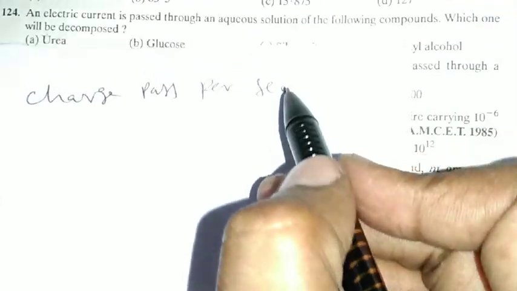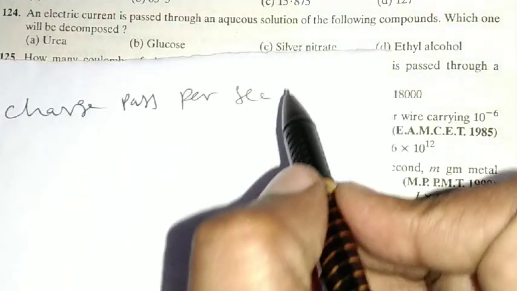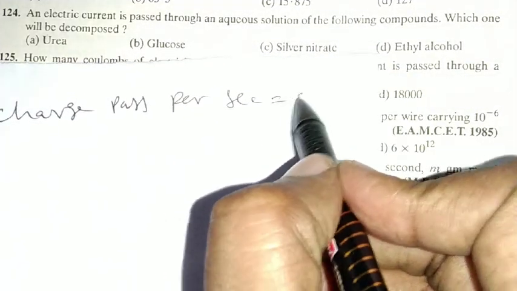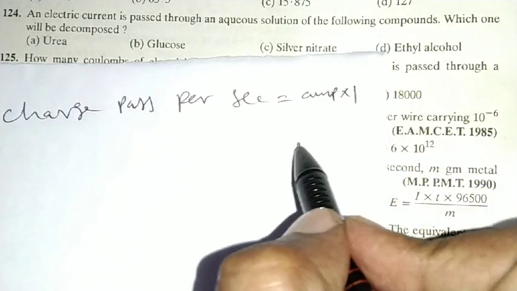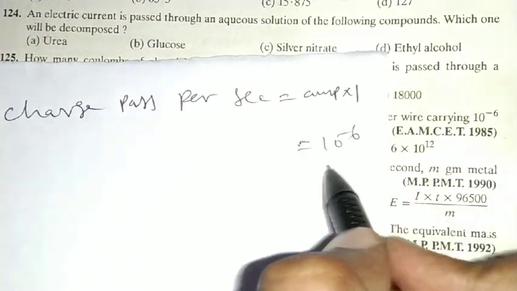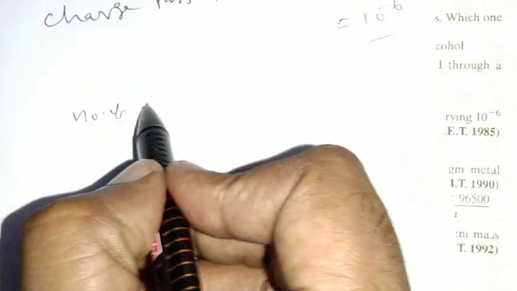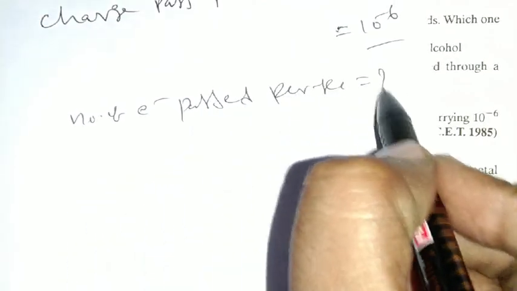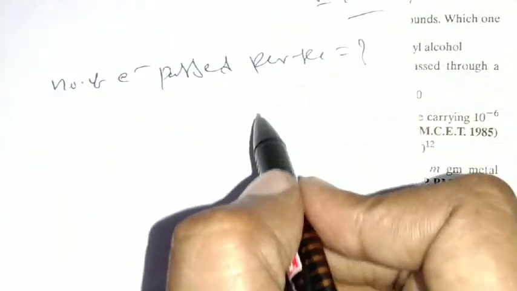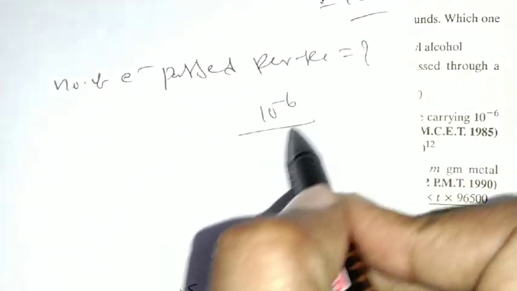The charge passed per second is equal to ampere into time, meaning 1 second. This is equal to how much is given? 10 power minus 6. So the number of electrons passed per second is equal to how much? Just divide that entire charge by the charge of an electron.